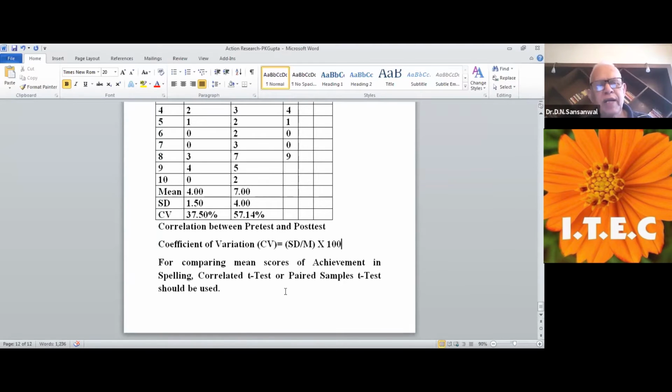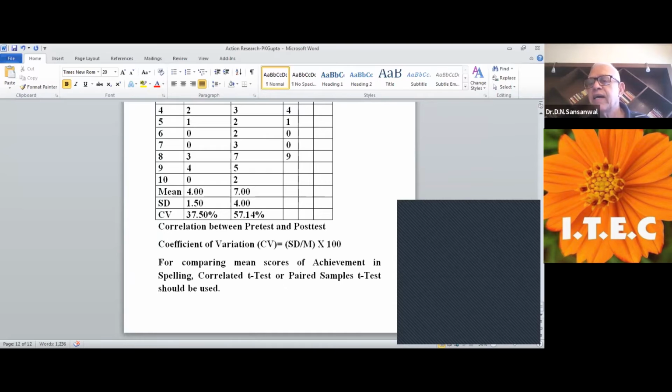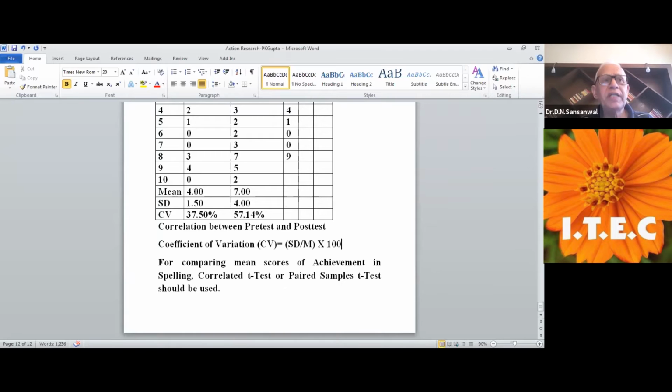I'm showing you right now how you get the data, how you get the result, and then how you interpret it. I will give the interpretation of this also and that also. So let me go to SPSS.